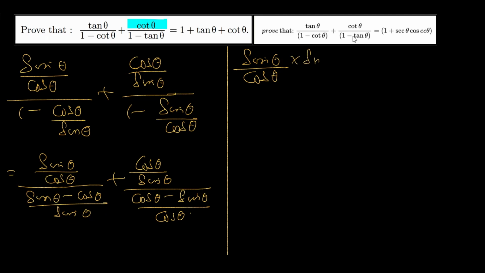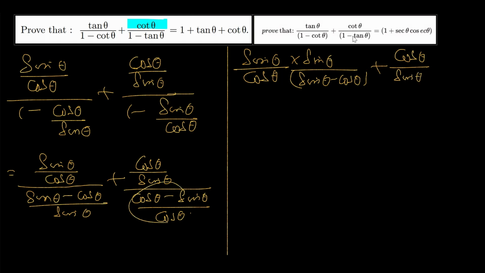So sine will come in the numerator, and below it is sine theta minus cos theta. Now we have a plus sign in between, and this is cos over sine, it is cos theta over sine theta.